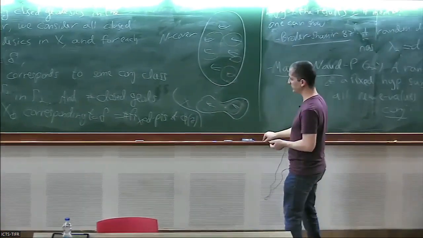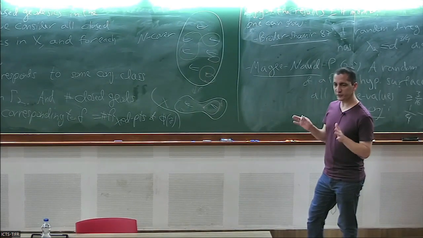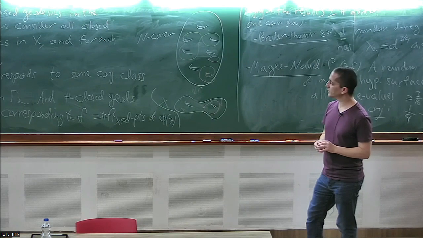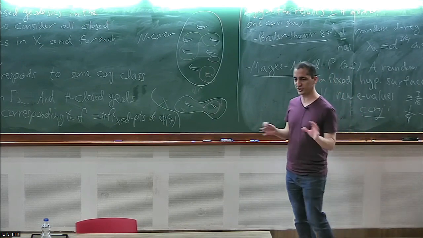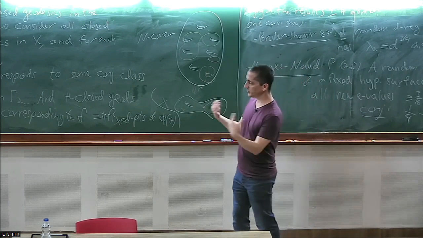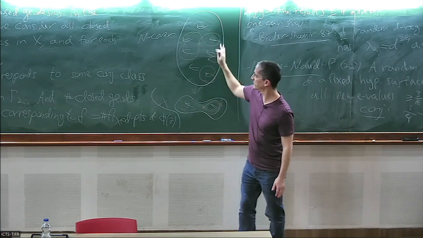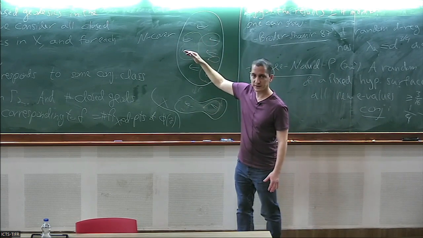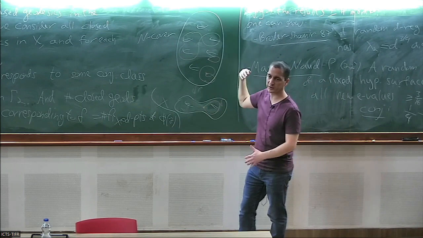For the eigenvalues of delta, Selberg's trace formula gives you a dictionary between estimates on the eigenvalues of the Laplacian of this surface on the one hand, and some function on short closed geodesics on the other hand.